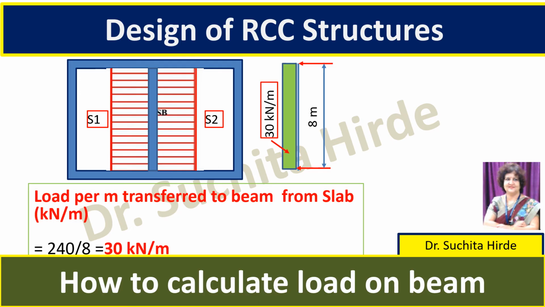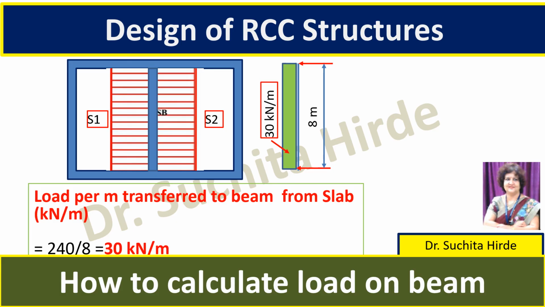If you want to design the beam, you have to add the self-weight of the beam also. So initially we do not know the size of the beam, so we have to assume the self-weight of the beam. Normally 3 kilonewton per meter self-weight is added to this load to get the design load on the beam. 3 kilonewton per meter load means it is approximately the size of the beam is 300 millimeter by 400 millimeter, or 230 millimeter by 500 millimeter size.